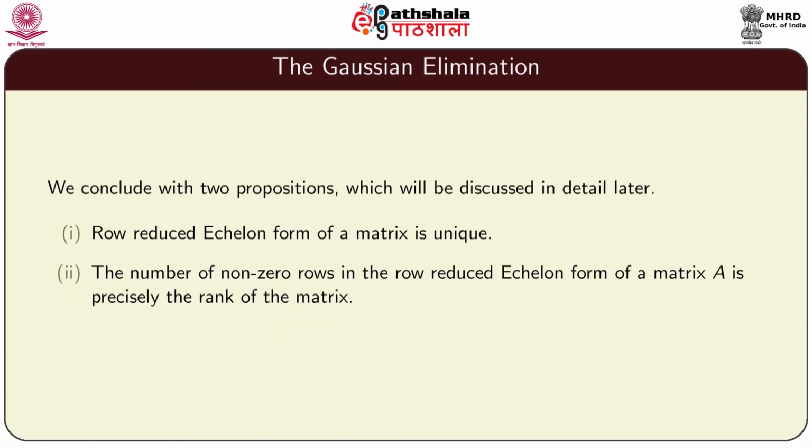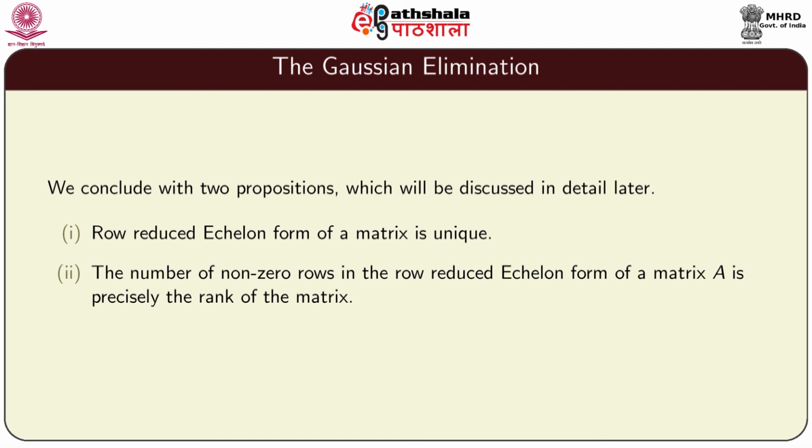We now raise two very important questions, which we propose here and will discuss in detail later. The question is whether the row reduced echelon form of a matrix is unique or not. Well, the Gaussian elimination indeed suggests so, but still we have to prove this fact.